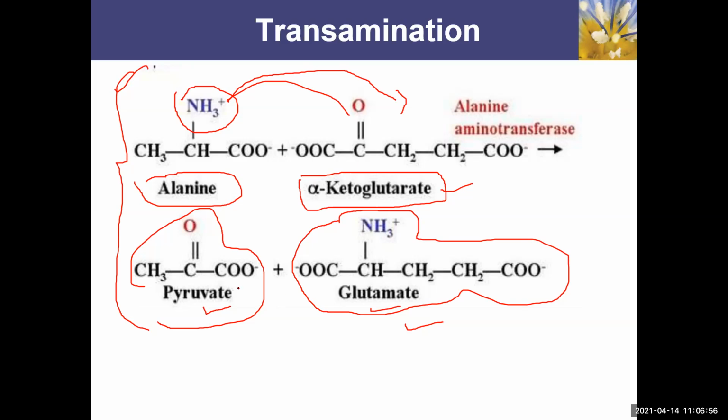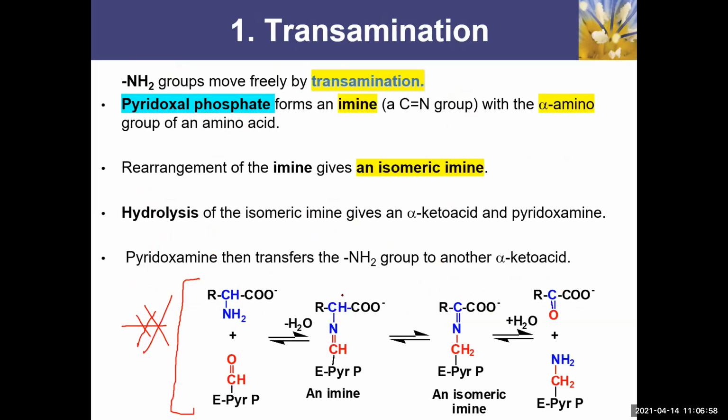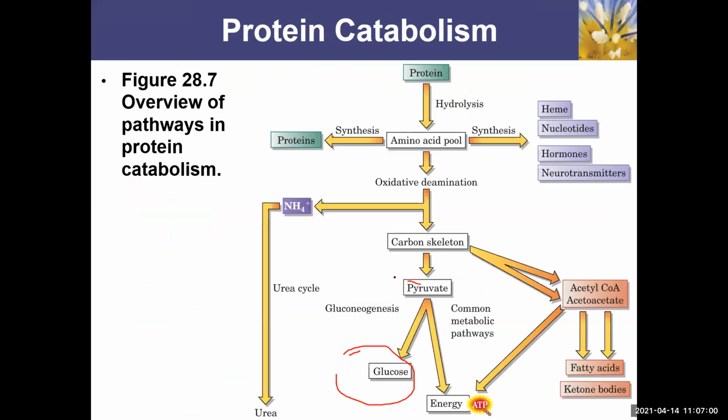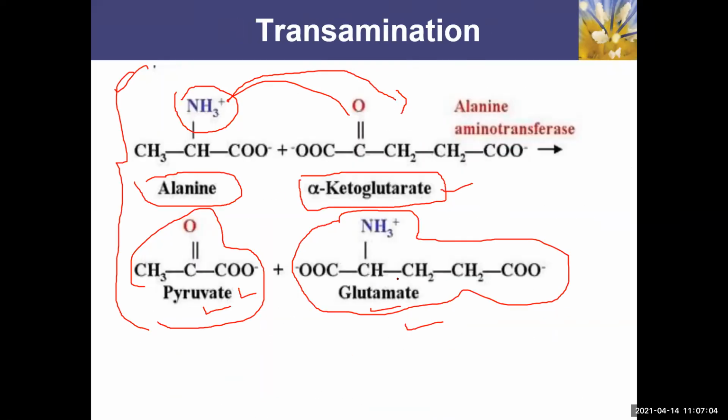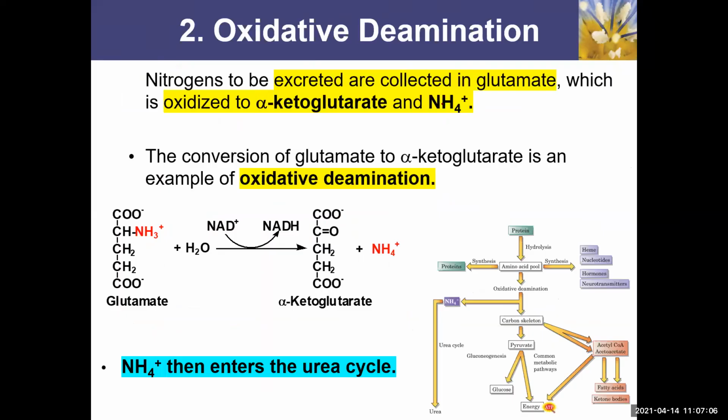And then it also produces the pyruvate, which can also enter into the TCA cycle. That is the transamination reaction. Any question about transamination? Are we all okay about it? Shall I explain the next one?